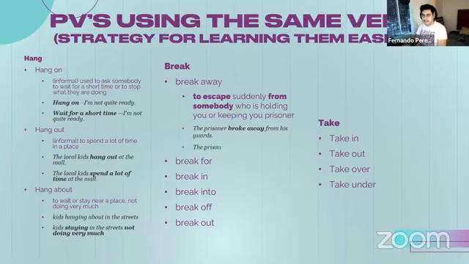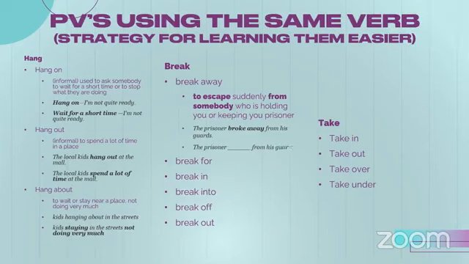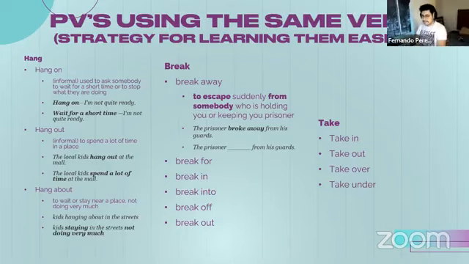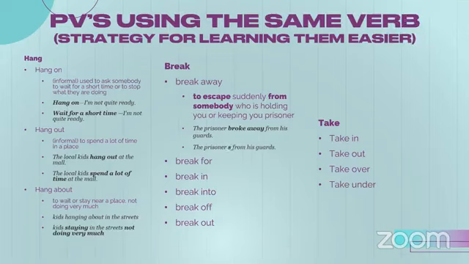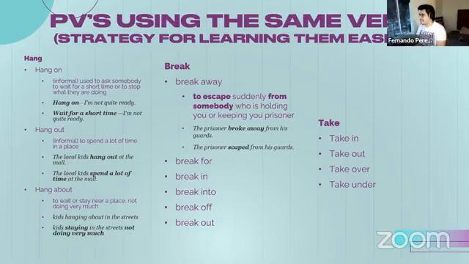Yeah. A prisoner. The prisoner, much better. The prisoner escape. Was it in the past? I think it is in the past. Escaped. Good. Escaped from his guards. Exactly. That is correct. Very good.